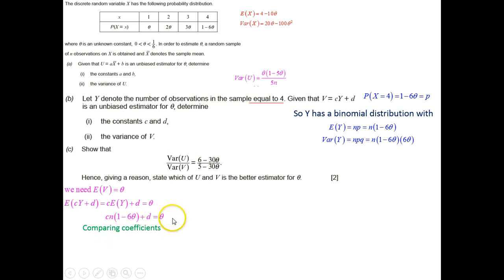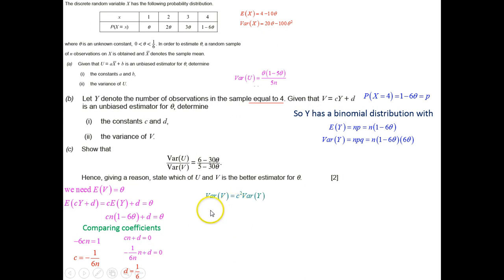So the theta on the left and the right would have minus 6nc equal to 1, giving us c would be minus 1 over 6n, and the bottom, the numbers being equal to 0, so cn plus d is equal to 0. cn is minus 6n times minus 1 over 6n. They will cancel, so d is equal to 1/6.